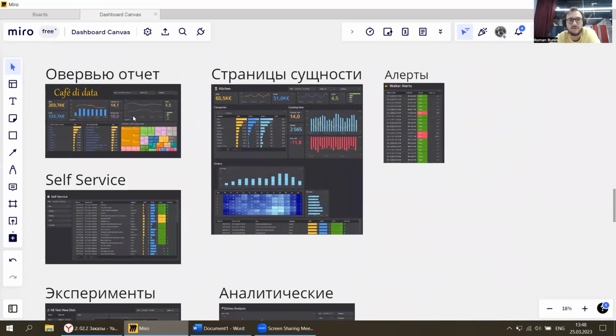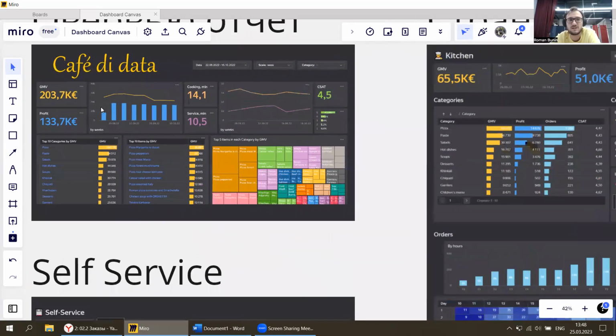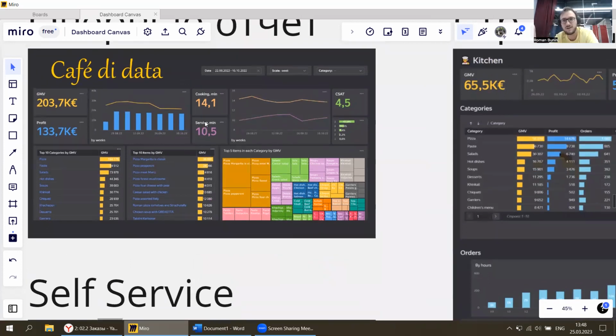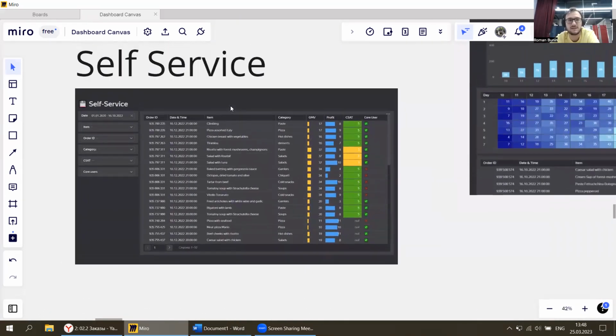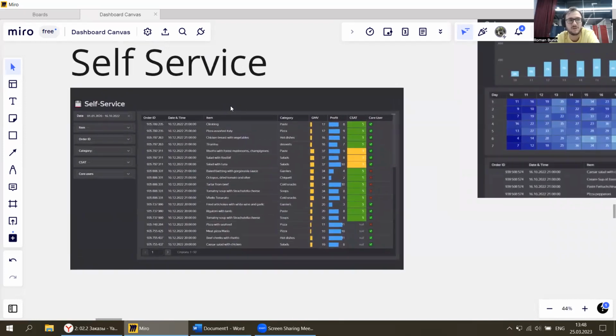For example, we have an overview dashboard that supports the general management with the purpose of answering the question of how it's going. We have a self-service dashboard that spares us from stupid questions like "I want some data for this particular date, for this particular distributor."